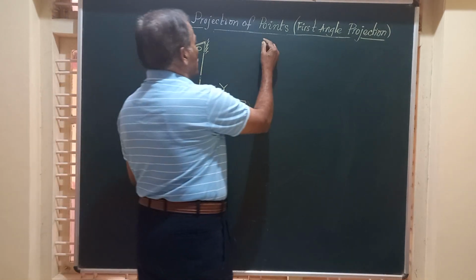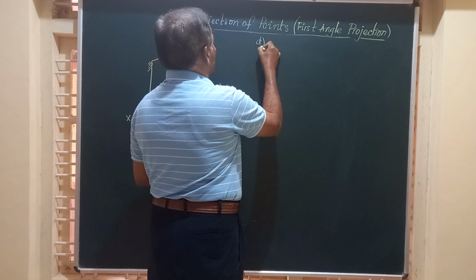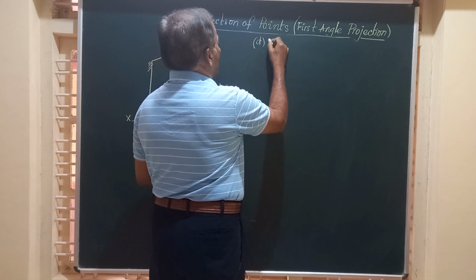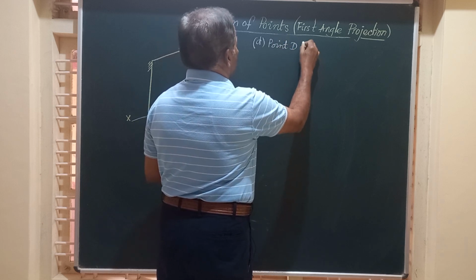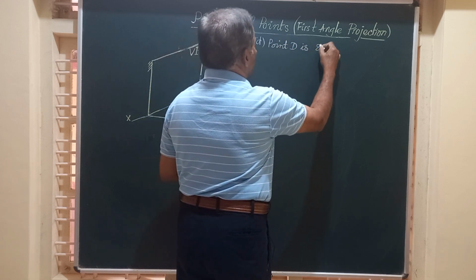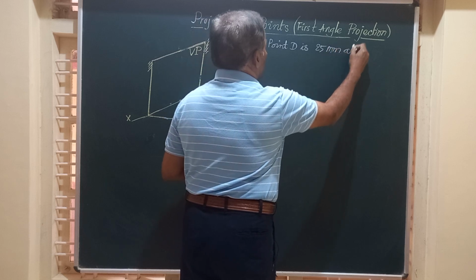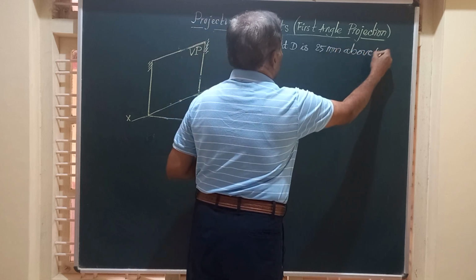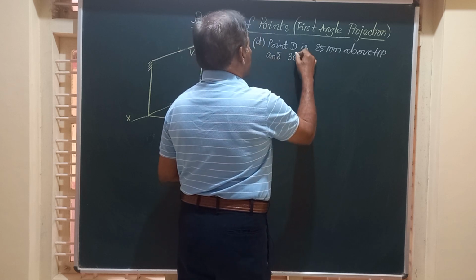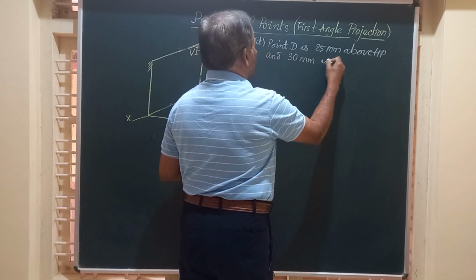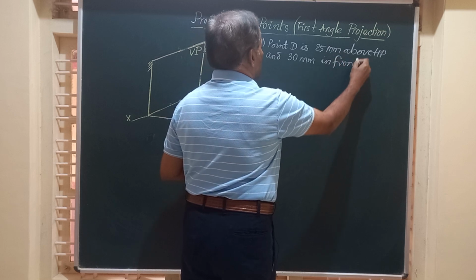So case 4 or case D, the last case, is point D is 25 mm above HP and 30 millimeter in front of VP.